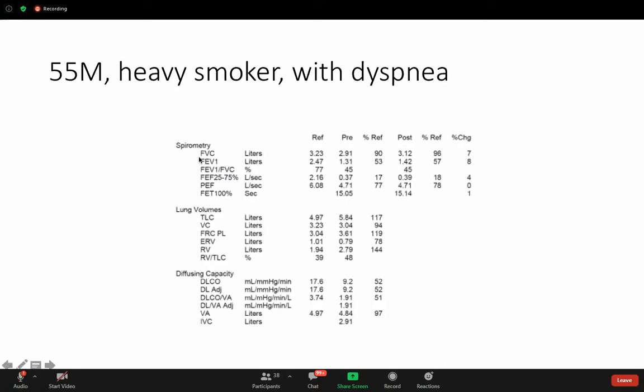VC. Okay. For whoever asked about the VC, it was 90%. It was 2.9. So it's normal. Look at the TLC. What do you think about 117? Is this normal?